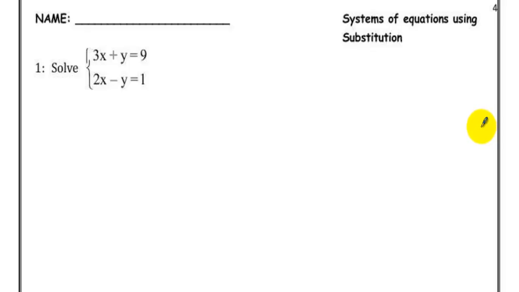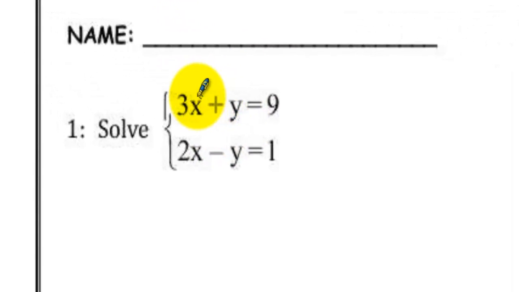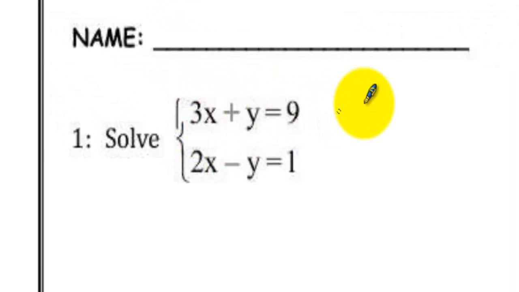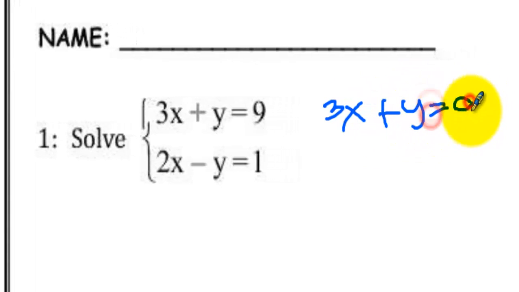Alright, let's try to solve the following problems. Again, we are still using substitution. If you look at this problem, we can either solve for x or y, but I don't really recommend solving for x for either of the equations. Why? It's because if, for example, in equation number 1, when you solve for x, you will have 3x plus y equals 9.